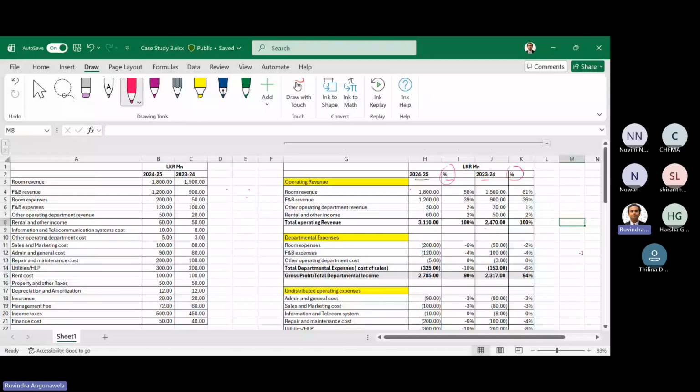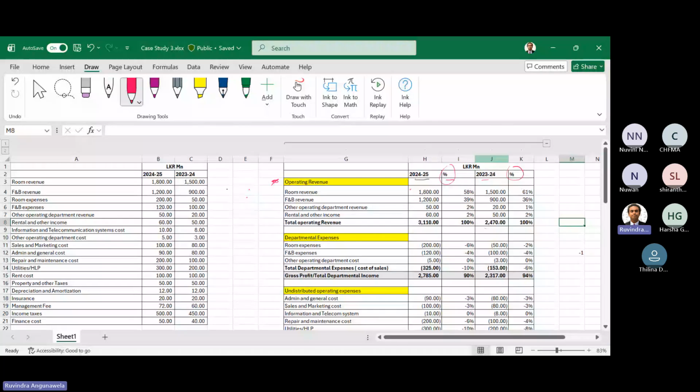Okay. So referring to the USALI P&L, we're starting with the operating revenue of the hotel. We have the room revenue, F&B revenue, other operating department revenue, and rental and other income, right?